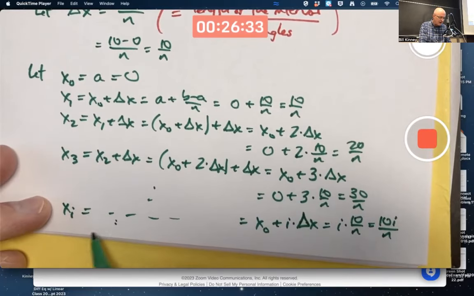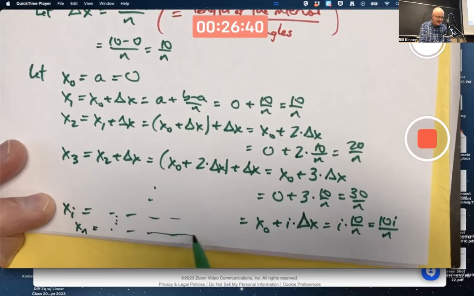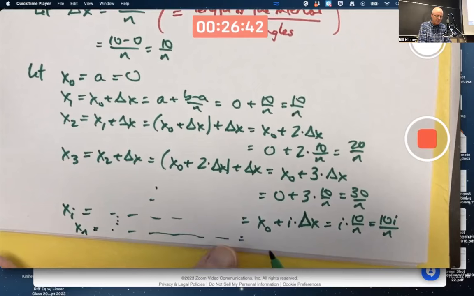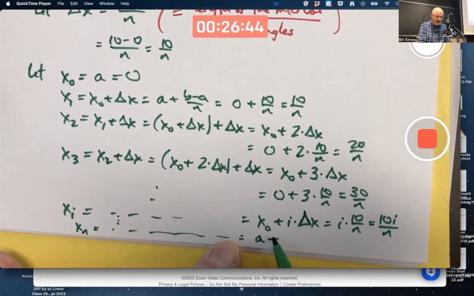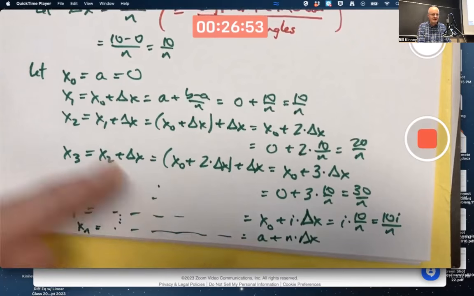And if you keep going, how far do you go? The last subscript would be an n. What's xn? Let me replace x0 with a, plus n times delta x. I can replace x0 with a because x0 does equal a. I said that at the beginning.